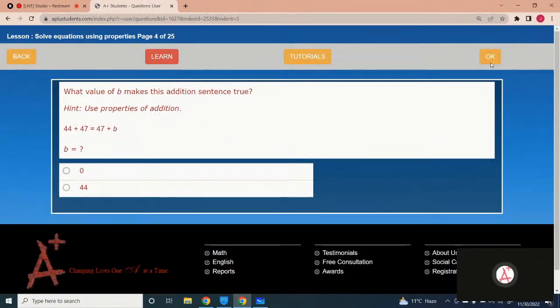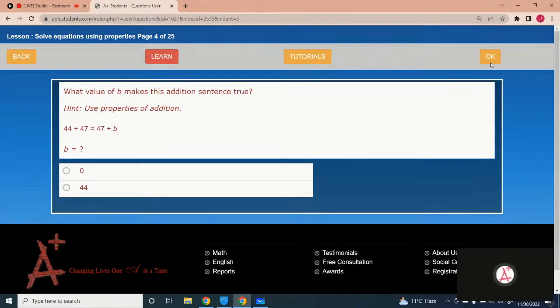Okay, what value of B makes this addition sentence true? 47 plus B equals 44 plus 47. The correct option is the commutative property of addition, and in the commutative property on both sides the numbers are exactly the same.